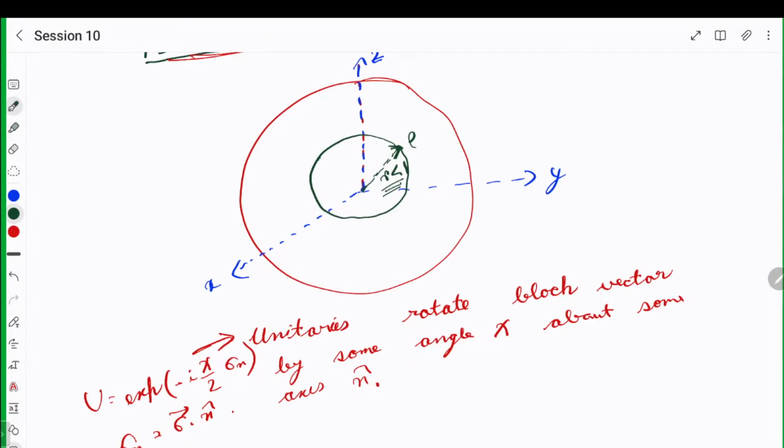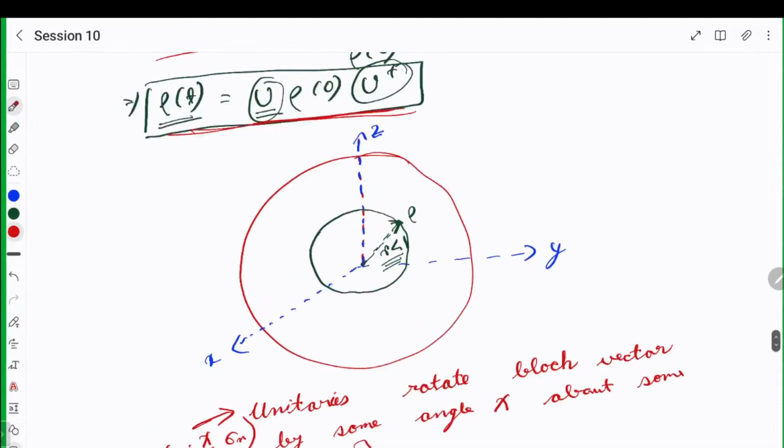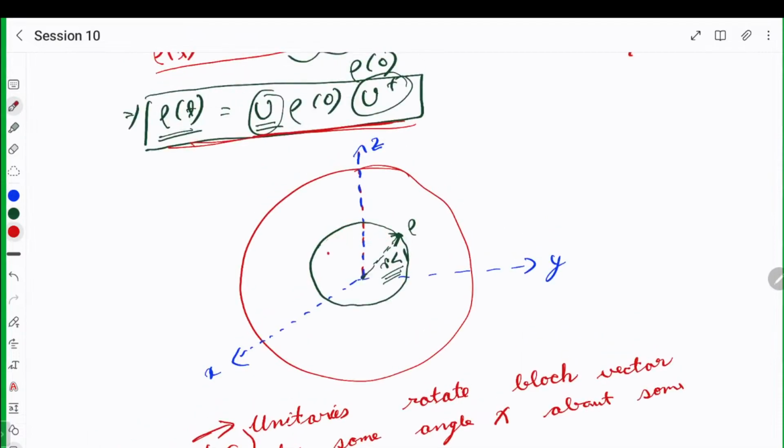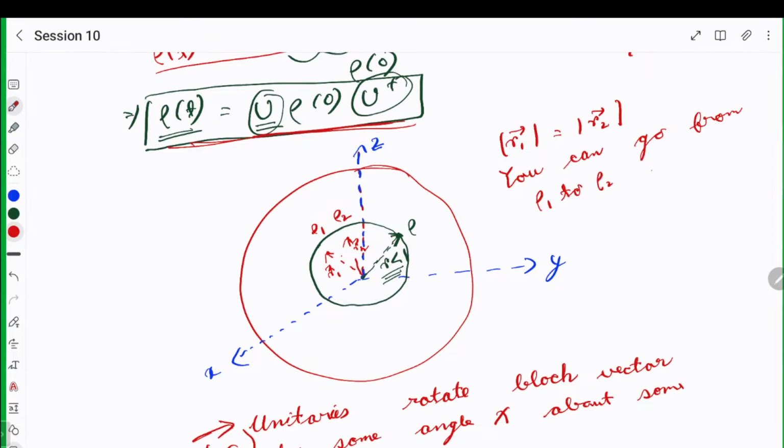So in other words, if there are rho 1, rho 2, such that the corresponding Bloch vectors representing them are R1, R2, and if mod R1 equals mod R2, then you can go from rho 1 to rho 2 with a unitary.